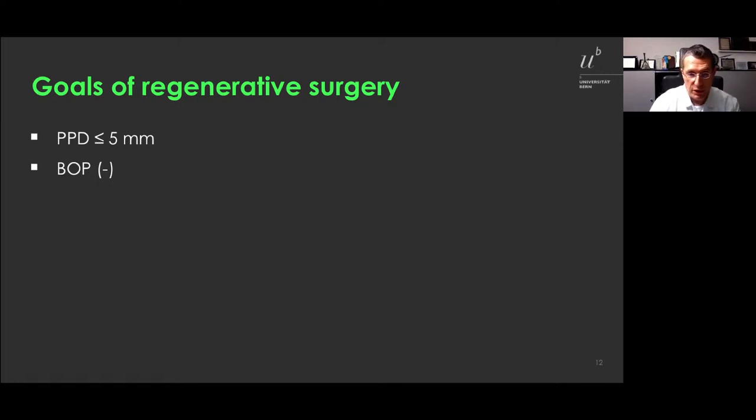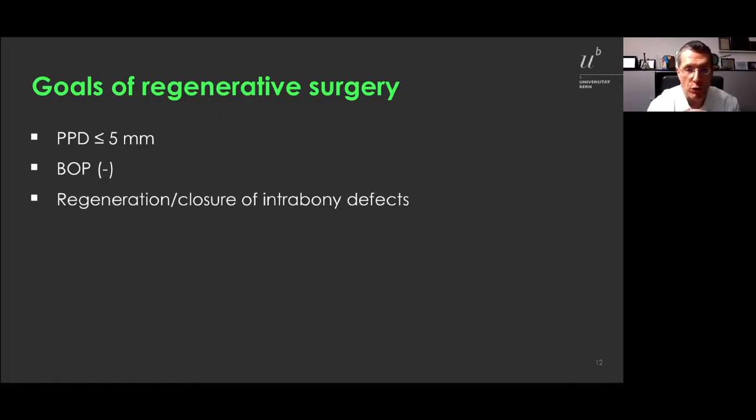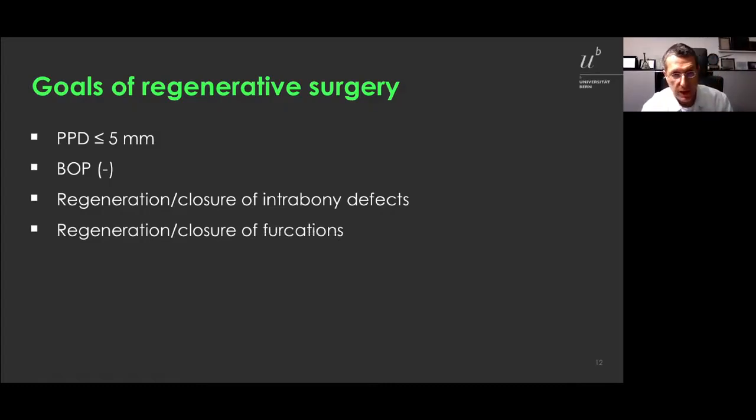No bleeding, no suppuration. In other words, an inflammation-free area. If possible, complete closure or regeneration of the intrabony component, and the same also in a furcation involvement.